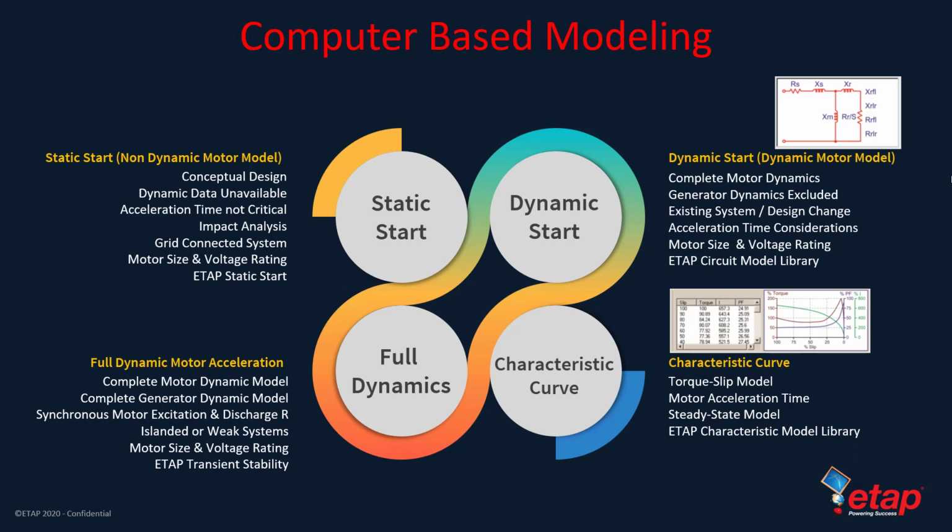So this is the worst case voltage drop condition. The simulation only requires nameplate information. So it takes, for example, the locked rotor current and the locked rotor power factor, and it gives you a worst case condition.